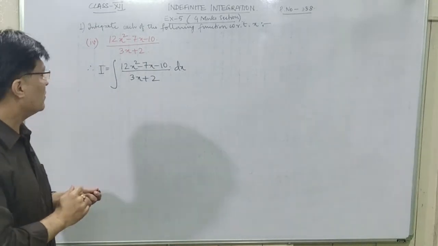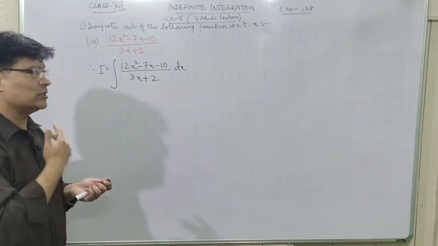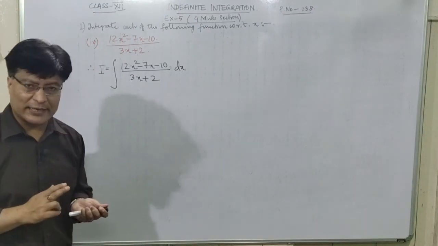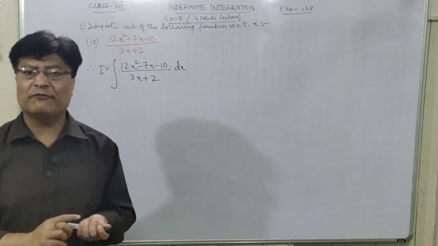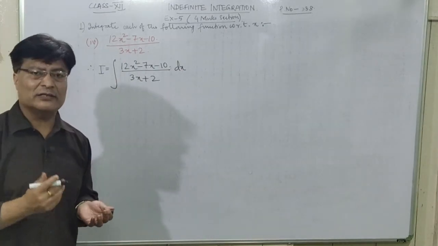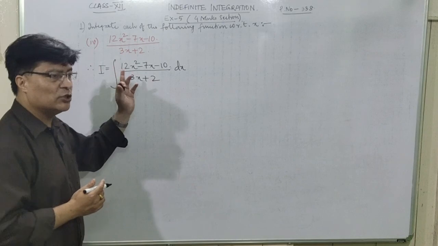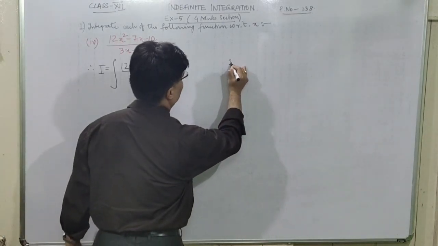Okay, so now in this case let us use the division method. Either you can factorize the numerator or you may use the division method. That means you have to divide the numerator by the denominator. You know how to divide, isn't it? So let us divide this numerator by the denominator.